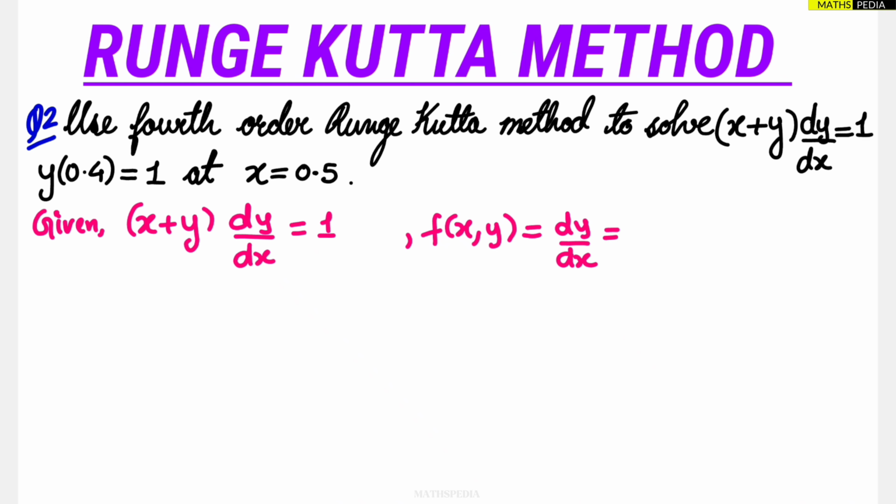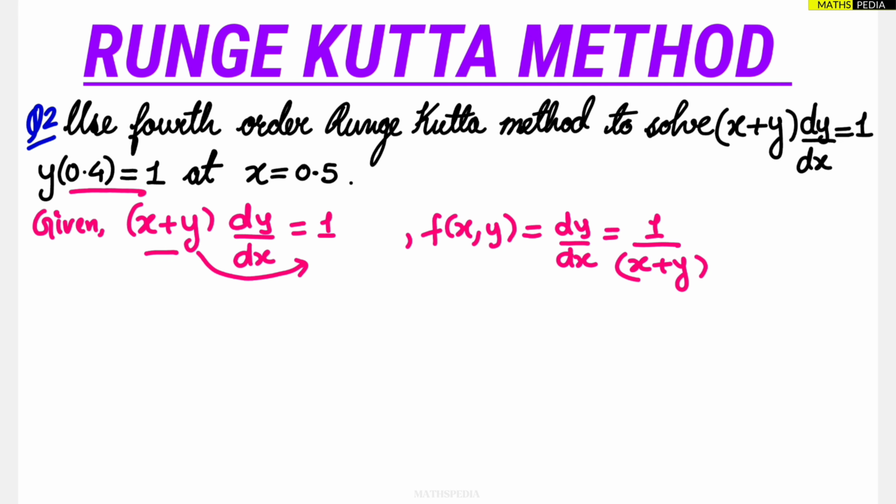But in the question given, the LHS part is not just dy by dx, along with that x plus y is also sitting, so I need to shift that x plus y to the RHS side. So that will become dy by dx is equal to 1 divided by x plus y. So just shifting this to the RHS side. I hope you understood this. So this is function of x comma y.